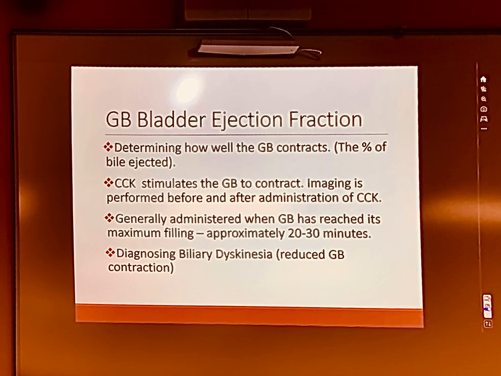So the second part of HepatoScan imaging is to see if their gallbladder functions. A regular hepatobiliary study is going to show you patency of the biliary tree, acute and chronic cholecystitis and patency of the biliary tree.